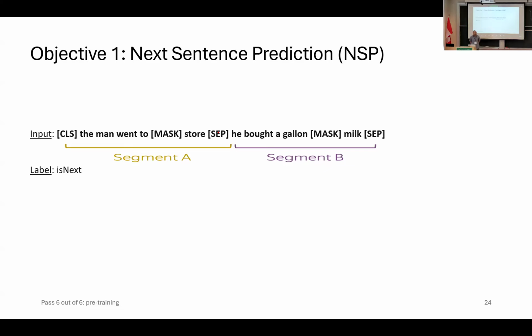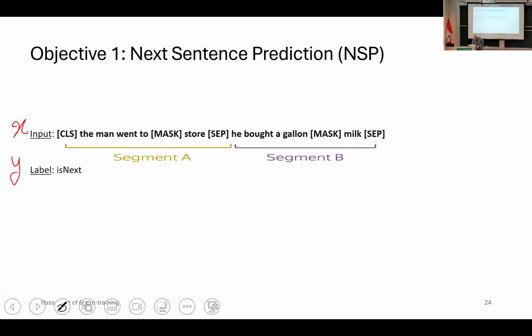All right, so you can see that here for objective 1, this is the data, right? The data has segment A and segment B, and the label says IsNext, meaning that they were consecutive sentences in the original text.